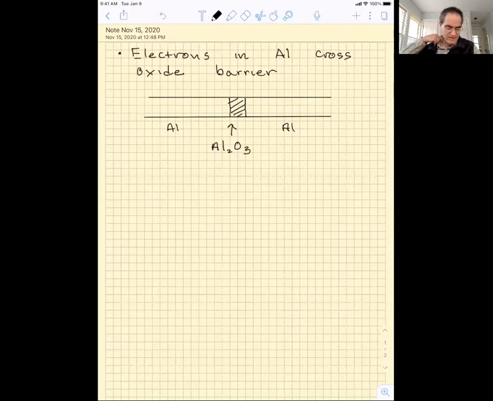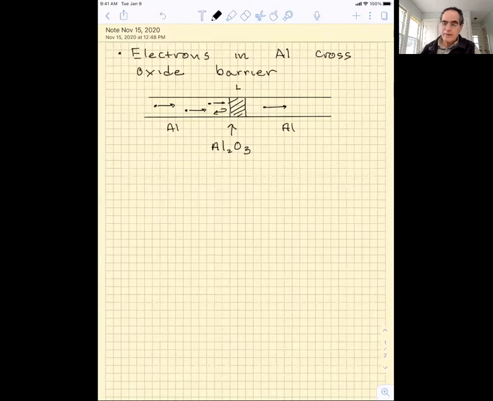We'll assume that our barrier has some width L, and that electrons are incident from one side. We know that many of these might be reflected, but we'd like to know the probability that electrons will get through.